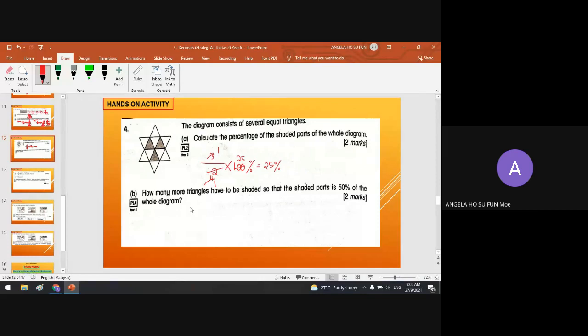I want the 6 Merah students to answer. Students from 6 Merah, where are you? Huh? Pardon? Who are you? Hamimi, is it? 6 Merah students, wake up, wake up, wake up. Where are you?